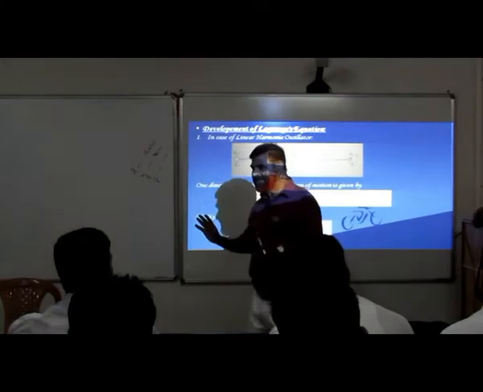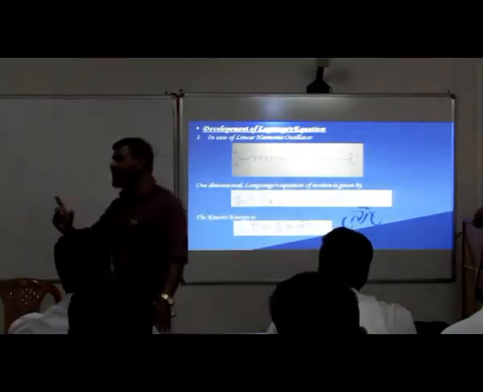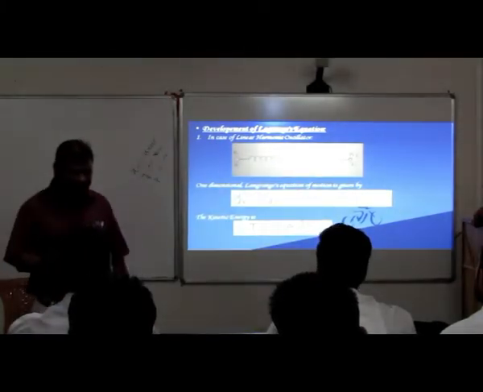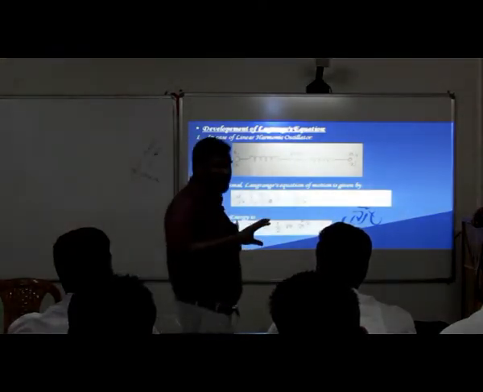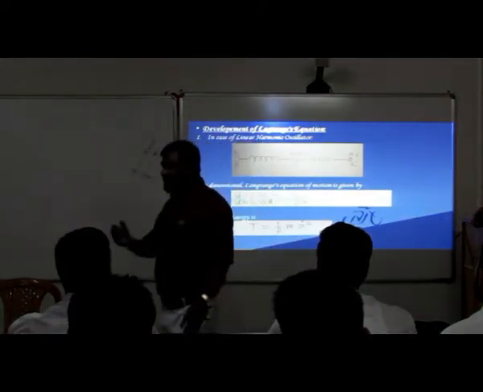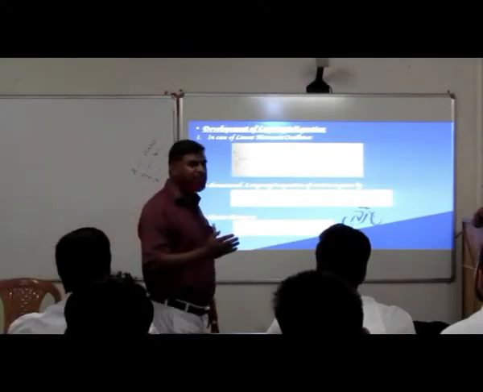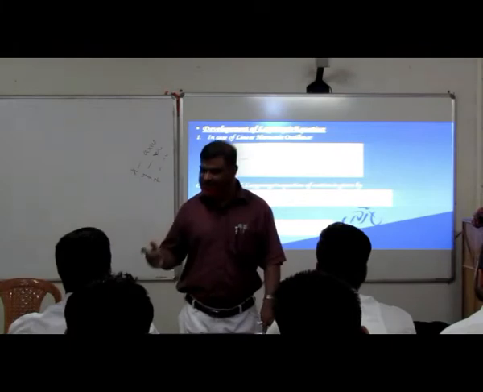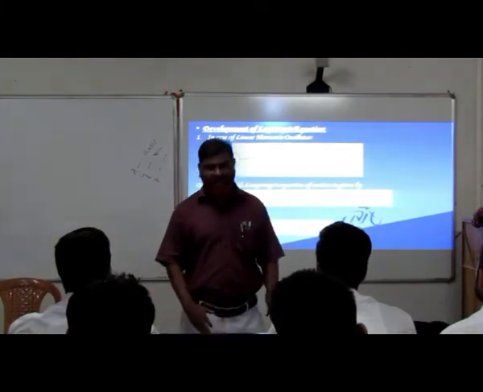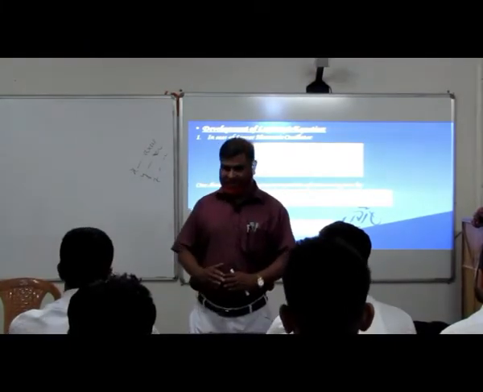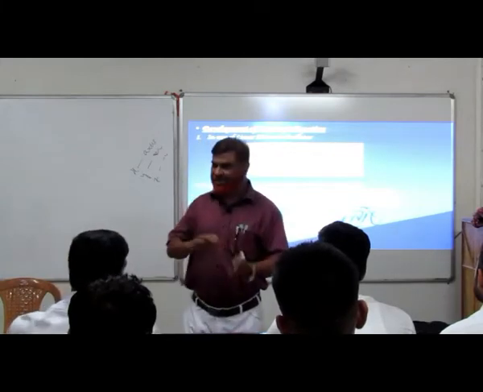The motion is definitely a simple harmonic motion. What is called simple harmonic motion? Simple harmonic motion is when the acceleration acting on the particle is directly proportional to the displacement from the mean position, and it also acts in the opposite direction of the displacement.